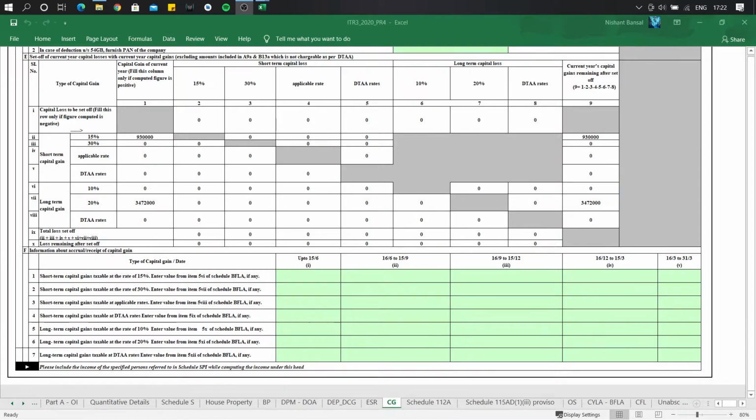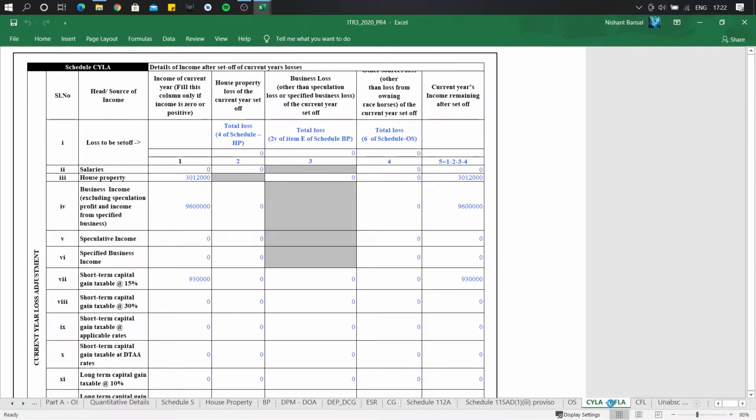Okay, so it will come against short-term capital gain taxable at the rate of 15%. We have to enter the amount of short-term capital gain here, which is 9,30,000. You can refer to this amount from above or from the CYLA BFLA tab.